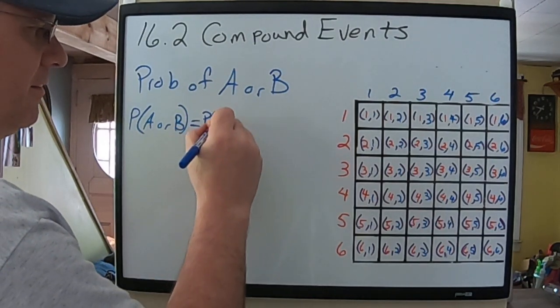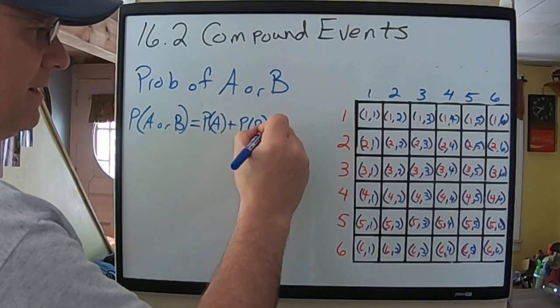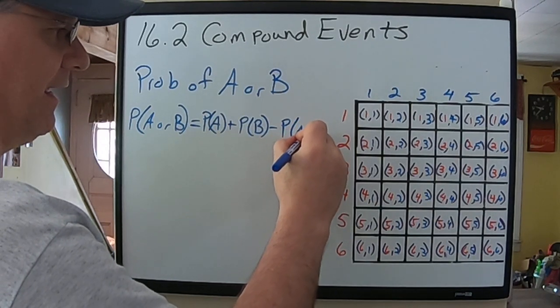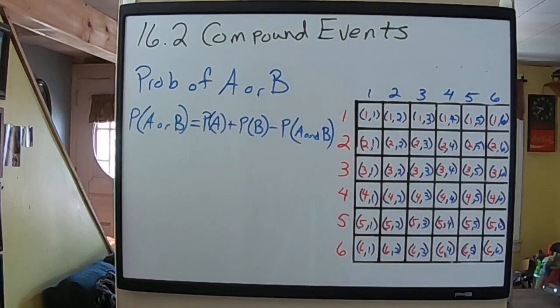Probability of A plus probability of B minus the probability of A and B happening. So I'll show you an example of that first.